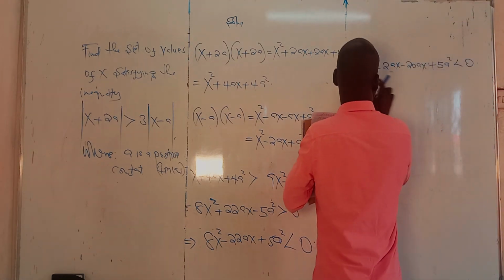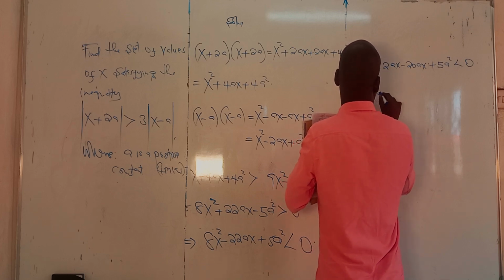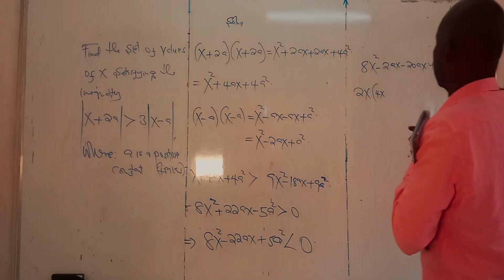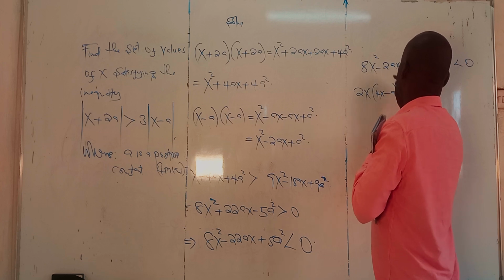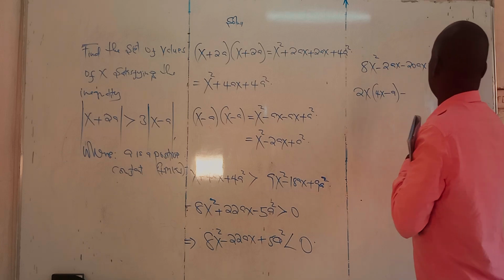So I factorize 2x here, and I'll get here 4x minus a. Then here, I again have minus because I need 4x minus a.